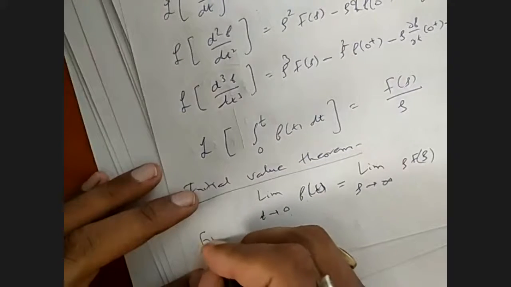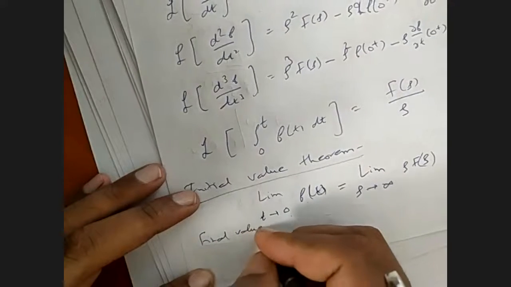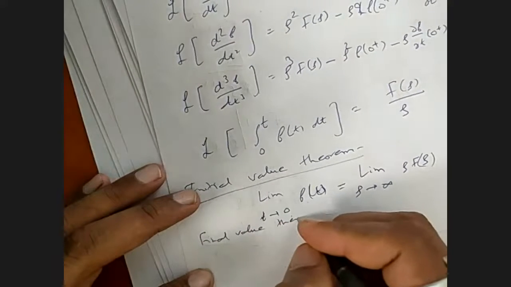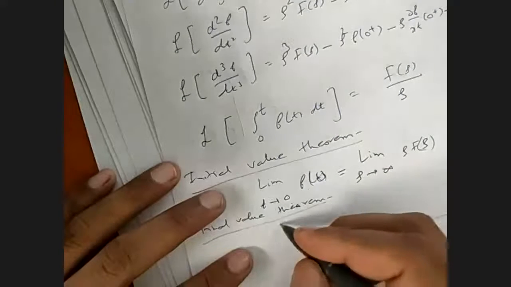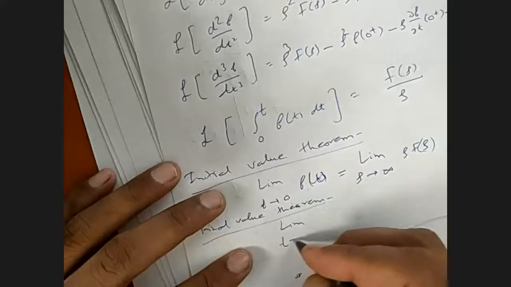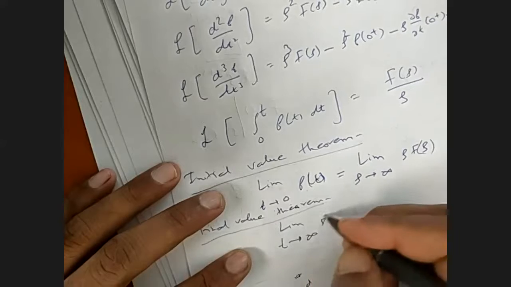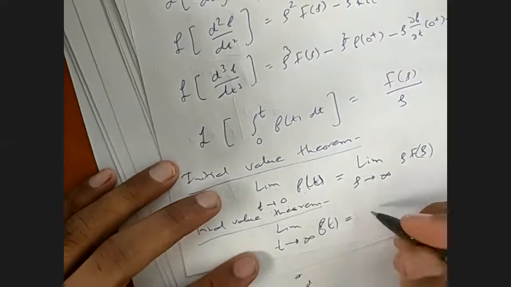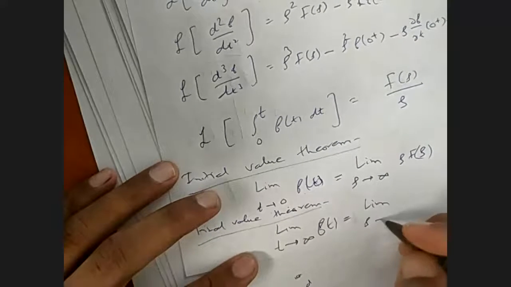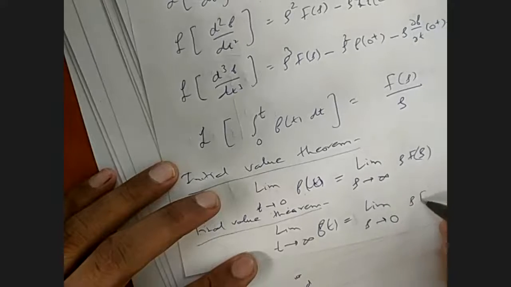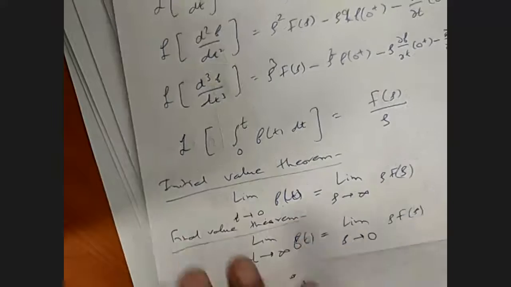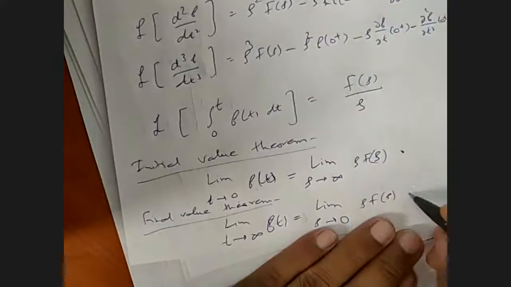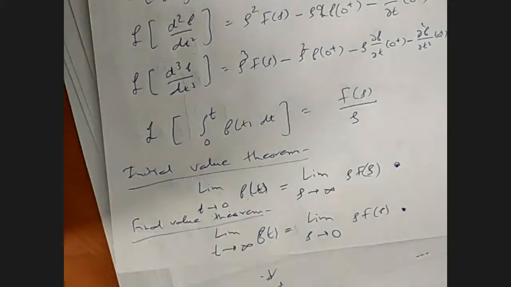And similarly we have the final value theorem. It is limit t tends to infinity f(t), and it will be equal to limit s tends to 0 of s F(s). So these are two important theorems which we'll be using in Laplace transform, the initial value theorem and the final value theorem.